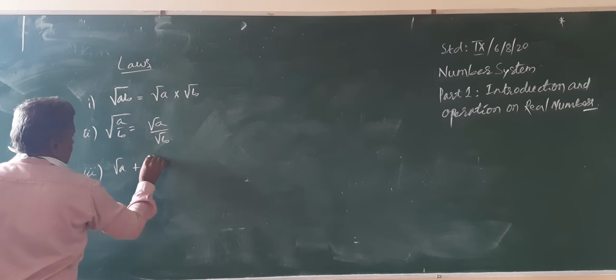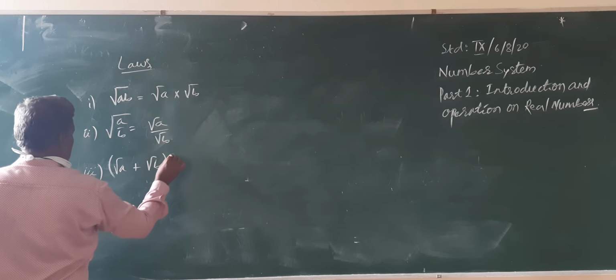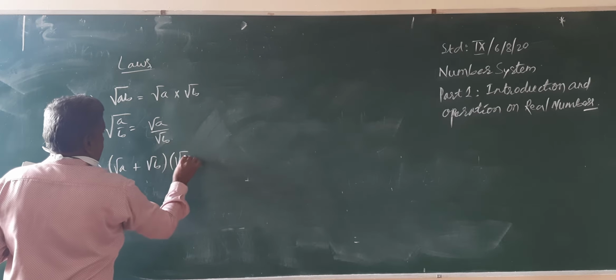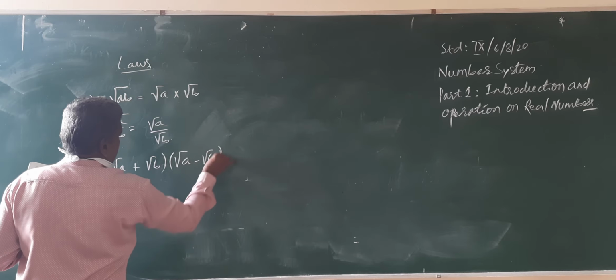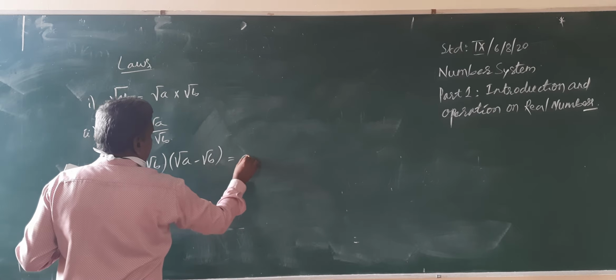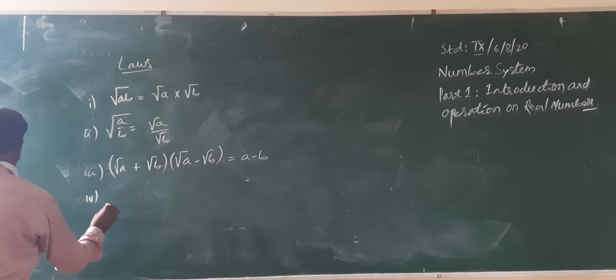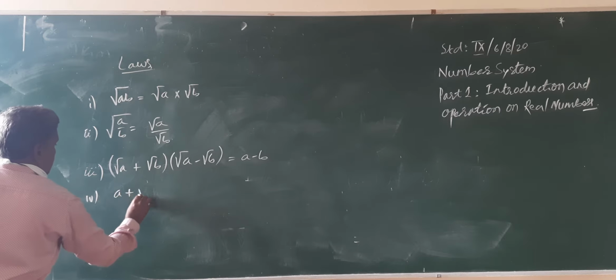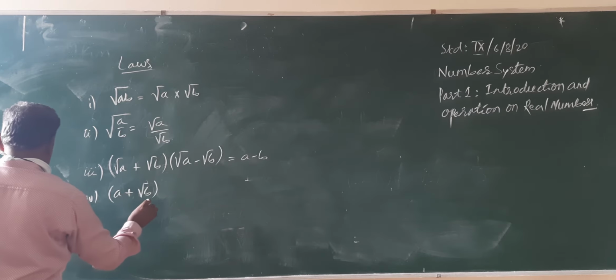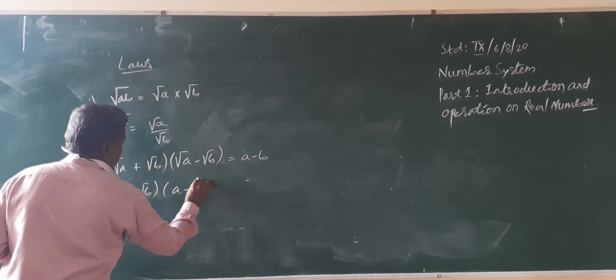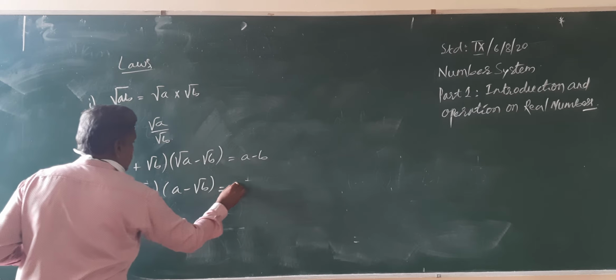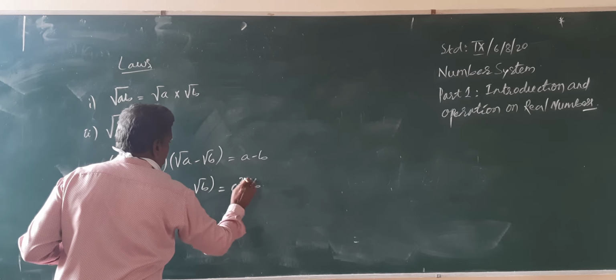Root a plus root b into root a minus root b equals a minus b. a plus root b into a minus root b equals a square minus b.